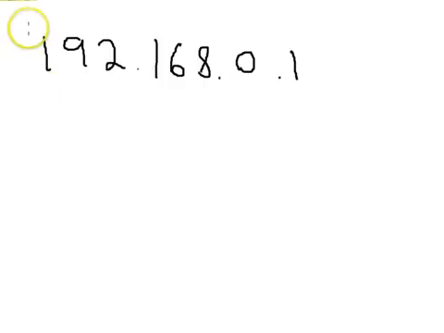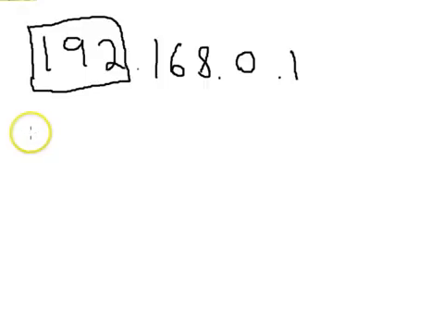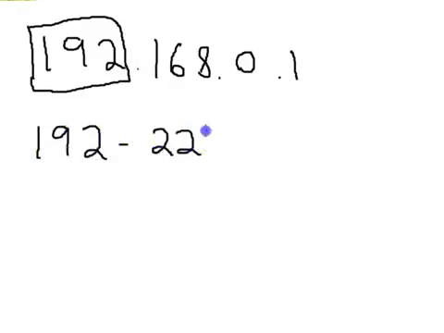The 192 is not part of the 0 to 127, it's not part of the 128 to 191, but it is part of the 192 to 223. And if we remember, that happens to be a class C address. So this address is a class C address. And there you go. That's how you can determine the class of these addresses.